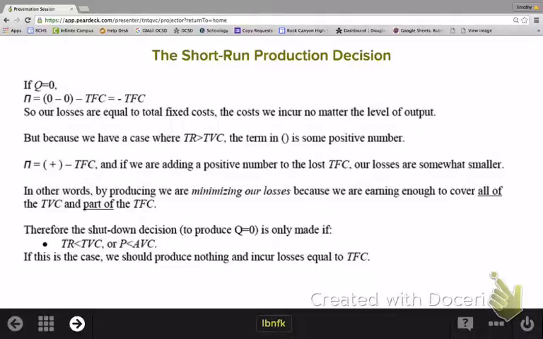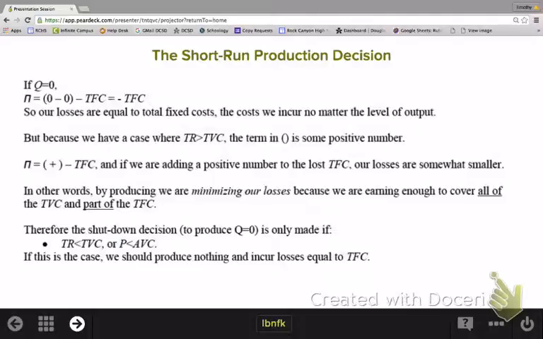The costs that we incur no matter the level of output. But because we have a case where total revenue is greater than total variable cost, the term in parentheses is some positive number. So profit equals a positive number minus total fixed cost. And if we are adding a positive number to the lost total fixed cost, our losses are somewhat smaller.